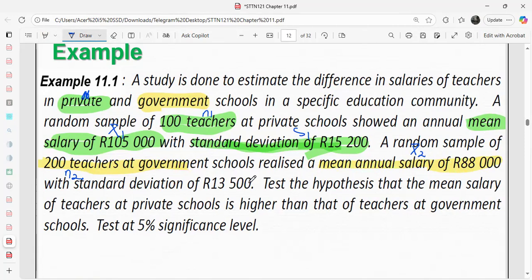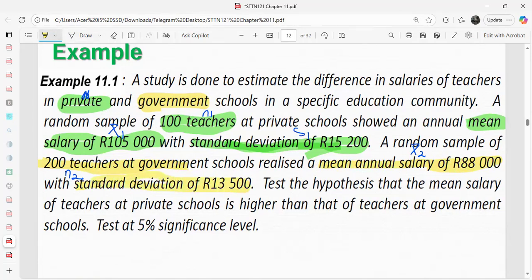Remember, you're doing the hypothesis testing for two populations. And then with the standard deviation of 13,500, this one will be S2 under population 2. Now, remember, this is the information. Don't forget to check the part of the alternative.